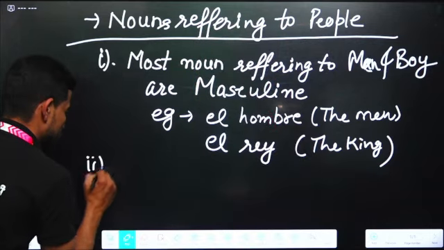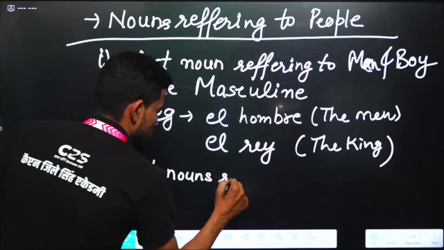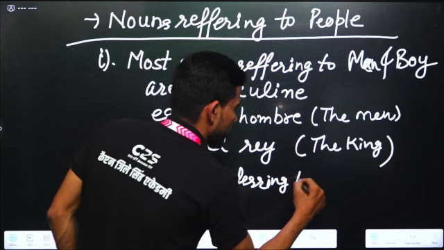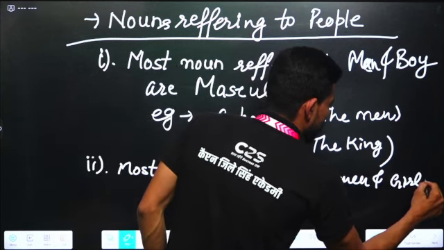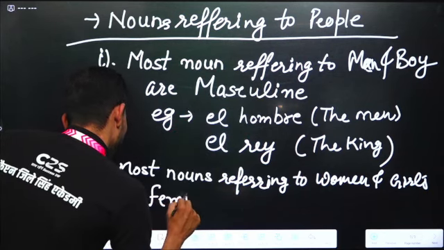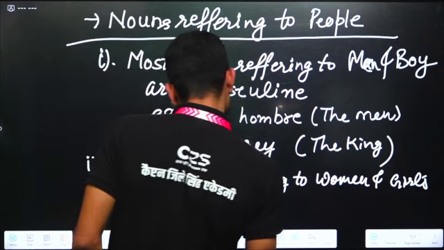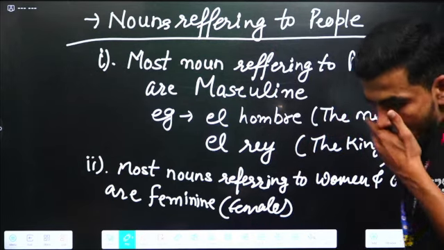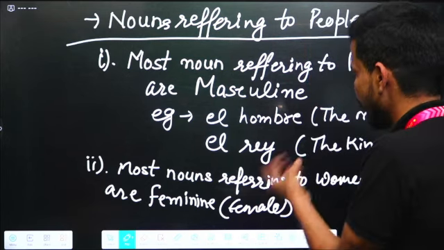Second, most nouns referring to women and girls are feminine, meaning female.